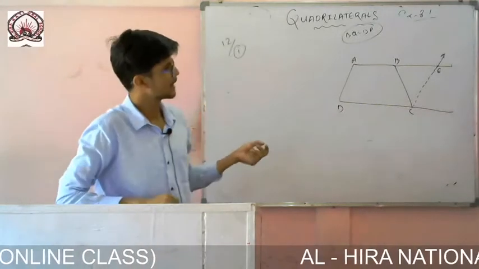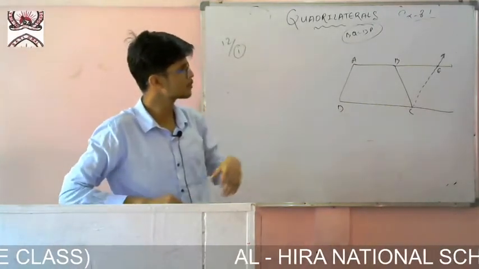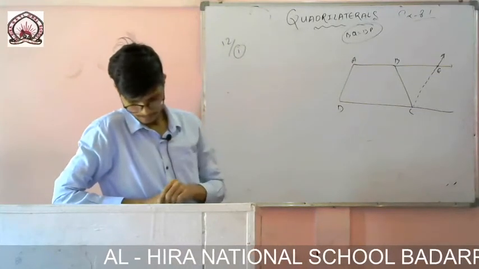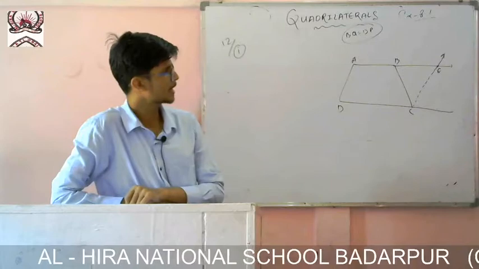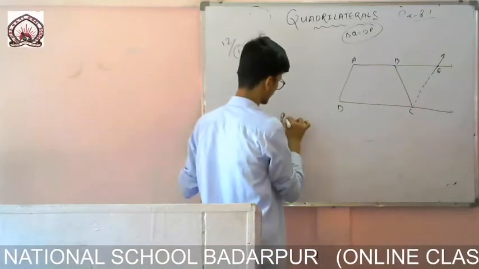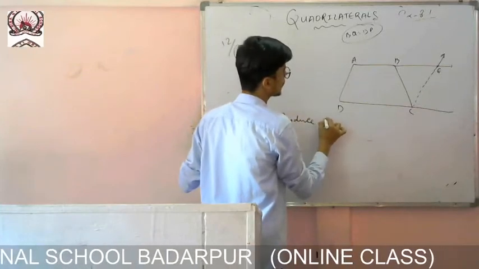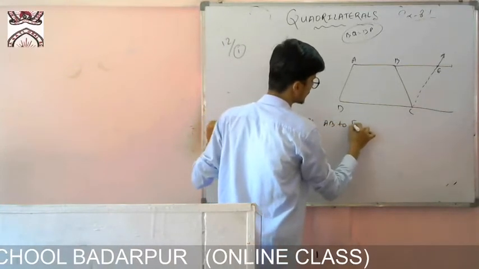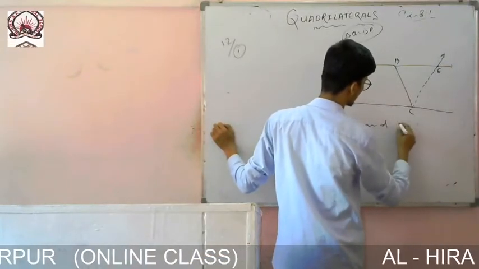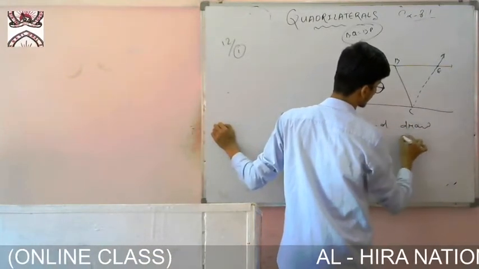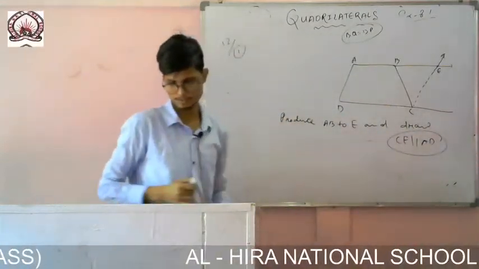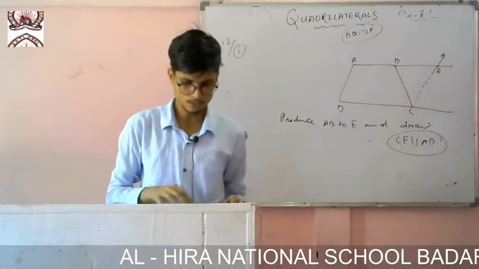What I have done, you write like this: produce AB to E and draw CE parallel to AD. So this will be our construction part, and after that you just go on solving.